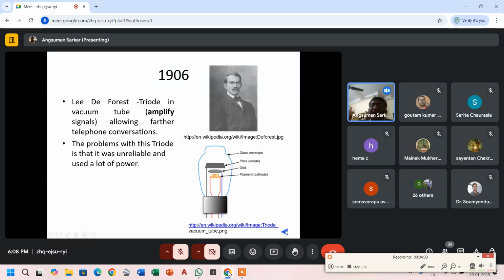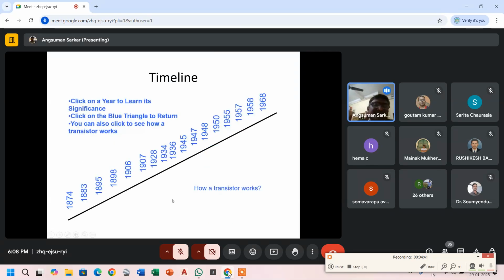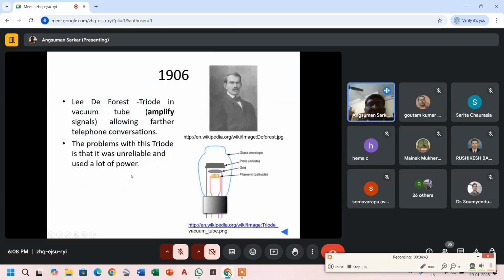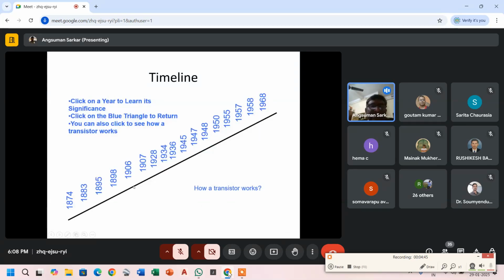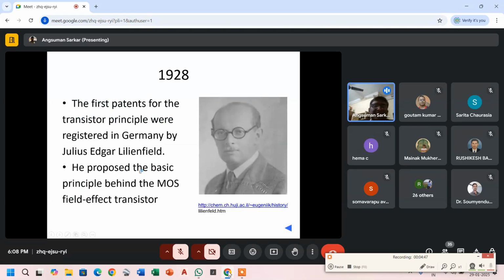But the major problem with the triode is that it is big, unreliable, and uses a lot of power. That is why the triode was later replaced by solid state technology, the IC or transistor. In 1928, Edgar Lilienfeld filed a patent for what we would later call a transistor.